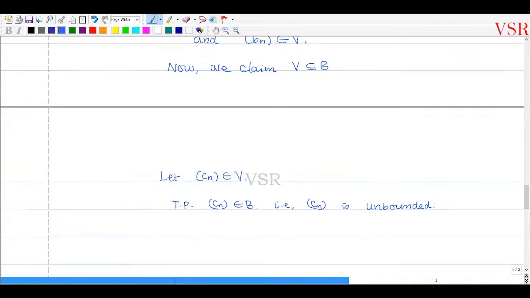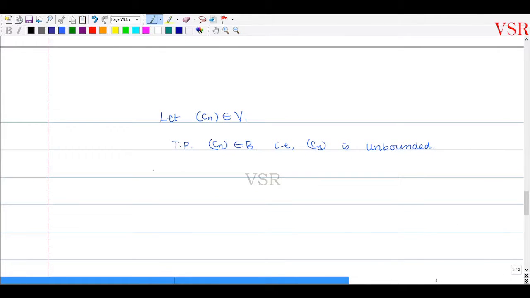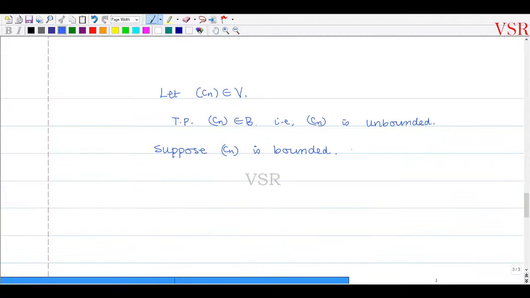Okay. Suppose Cn is bounded. This implies that there exists some, I call it m positive, such that modulus of Cn is less than or equal to m for every n அப்படின்னு என்னால எழுத முடியும். ஓகே, சரி. அதே நேரத்தில் Cn belongs to V. V ங்கிறது யாரு?